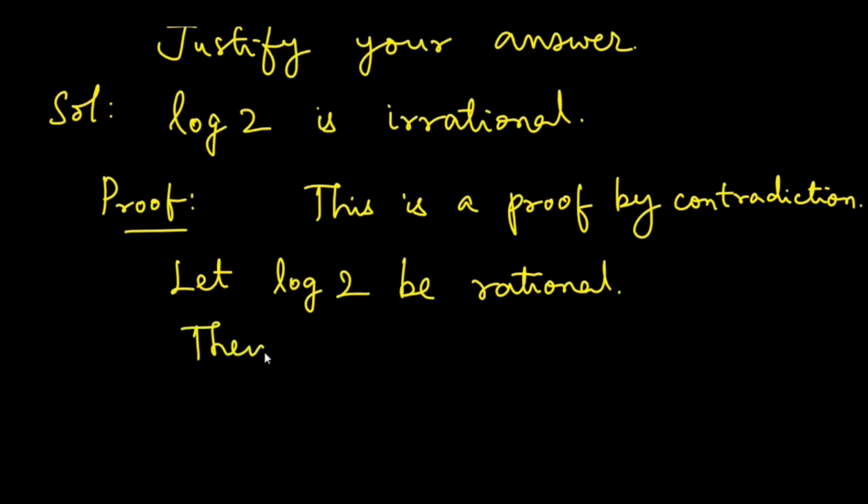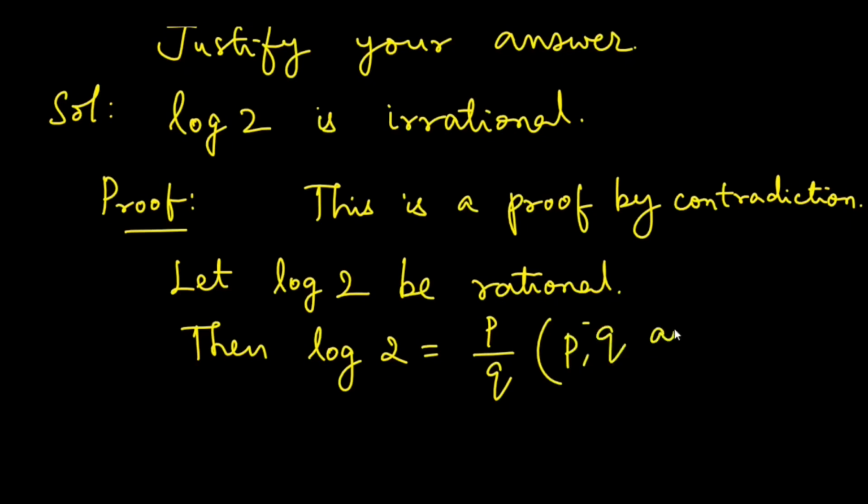Then log 2 is equal to p by q. Let us take p by q in simplest form, so p and q are coprime. As usual, q is not equal to 0.